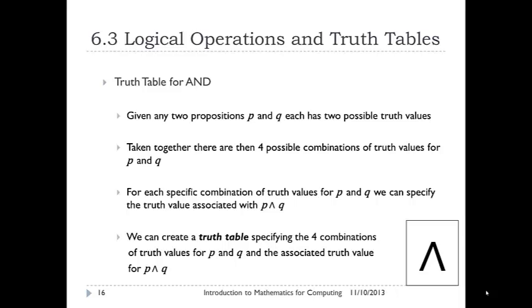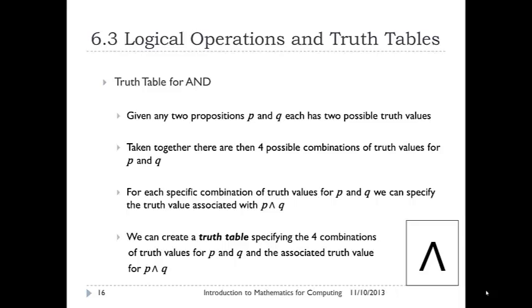To list those out, we would have P is true and Q is true, P is true and Q is false, P is false and Q is true, or P is false and Q is false. Those 4 possible combinations exhaust all the possibilities that we can take in considering P and Q and the various values that can be assigned to them.